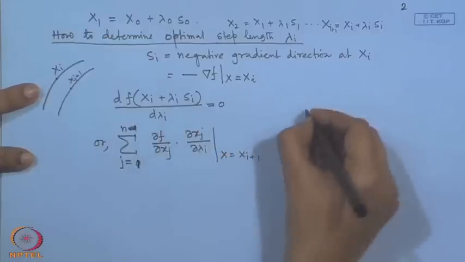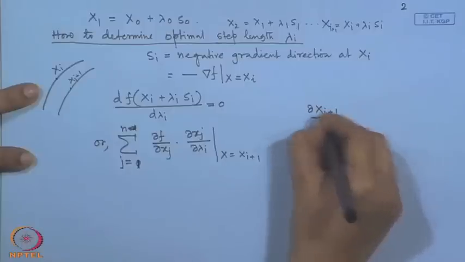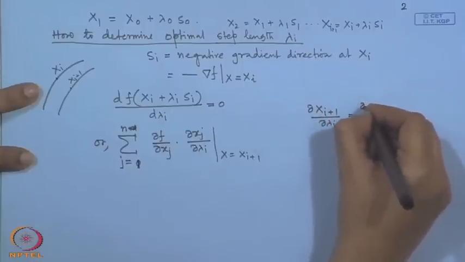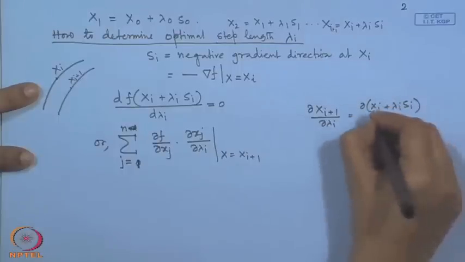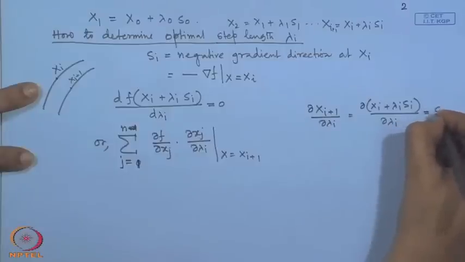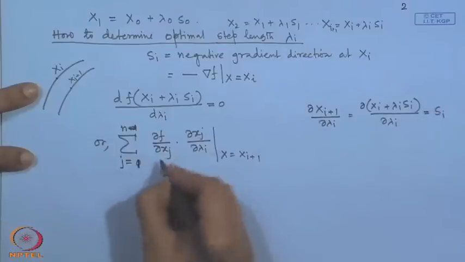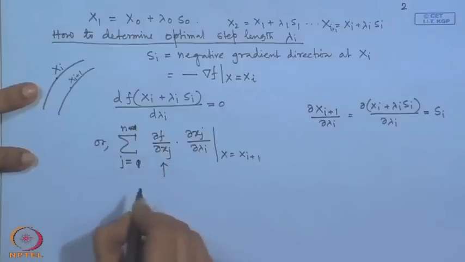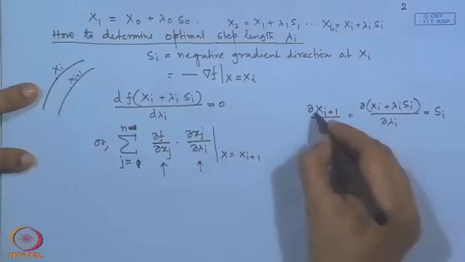Now, if we consider del of xi+1 divided by del lambda i, what is the value for this? This would be del of xi plus lambda i si over del lambda i, that is why we will get this equal to si. If we use this fact here, there are two terms. One term is the gradient of f, and the other term is si, because just now we got this value.